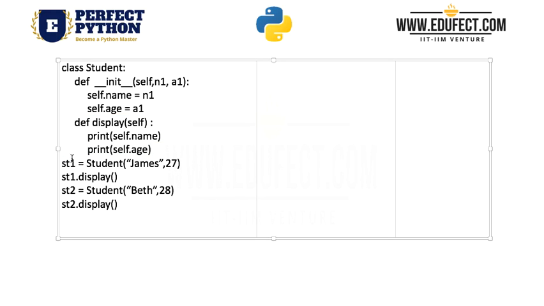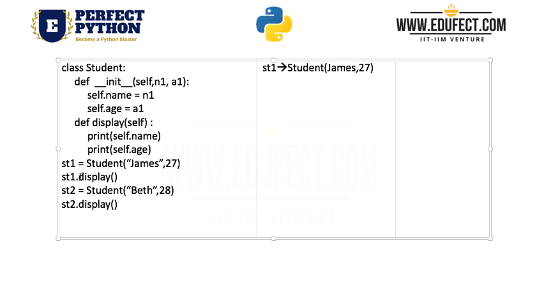Let's look at it. Here we have first declared st1 equal to Student James comma 27. So st1 will get created as an object of type Student and it will have the values James comma 27. James will be name, and 27 will be age. Then we say st1.display without a parameter.